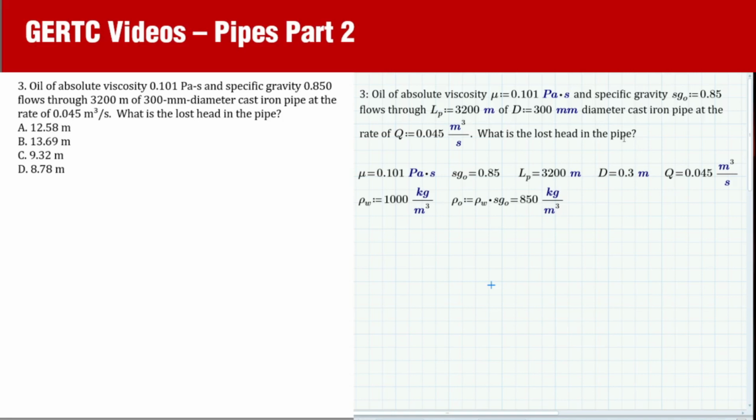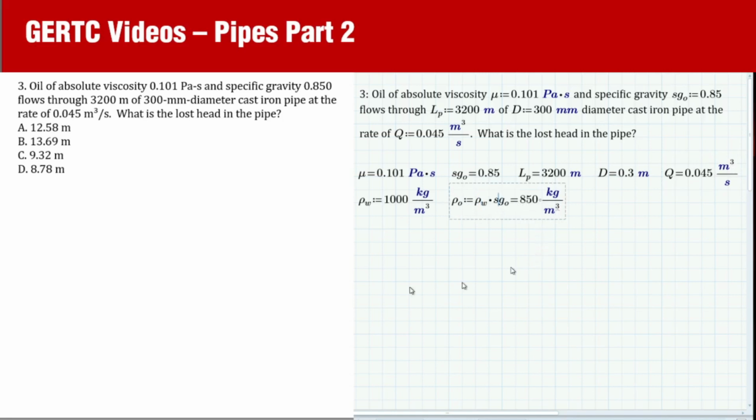Again, let's see how we can find it. I know you are thinking, what is the value of F? Here we have to know if the flow is laminar or turbulent. This is our given. Dynamic viscosity was given, so we need the rho here. Of course, we will assume that the rho of water is 1,000 kilograms per cubic meter. This is the specific gravity of oil, which was given. The length of the pipe, the diameter in meter is 0.3, and the discharge is 0.045. We also need the density of oil, the product of the density of water and the specific gravity.